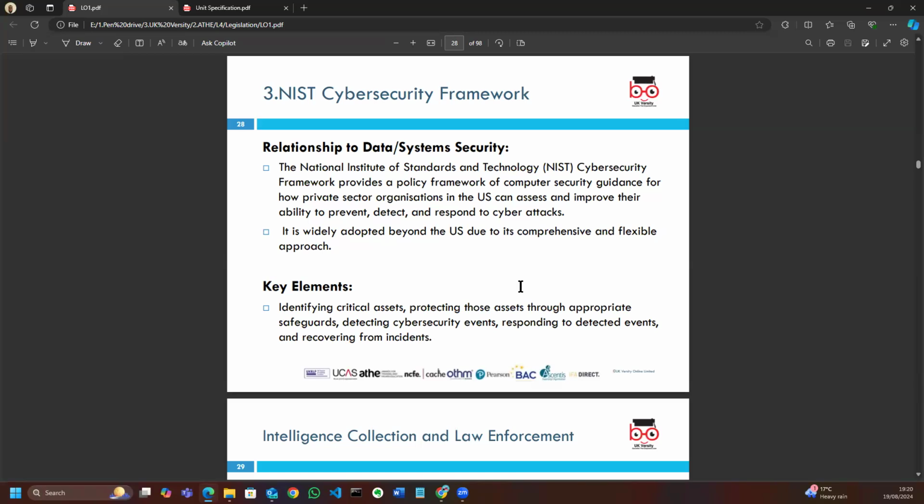So what are the key elements? This is going to be identifying critical assets, protecting those assets through appropriate safeguards, detecting cybersecurity events, responding to detected events, and recovering from incidents.